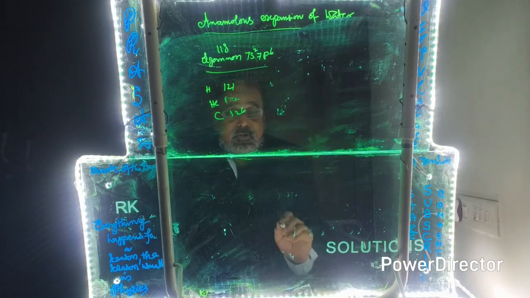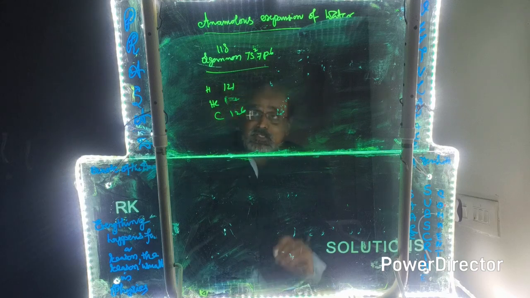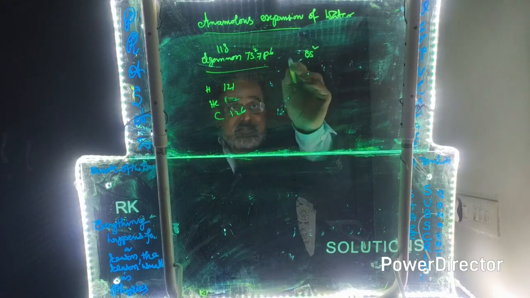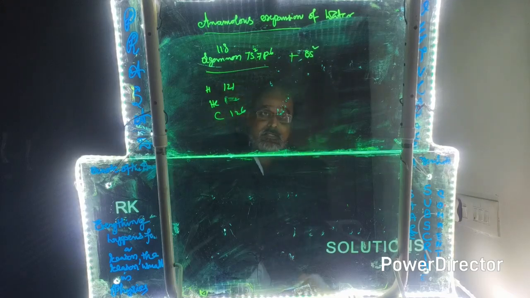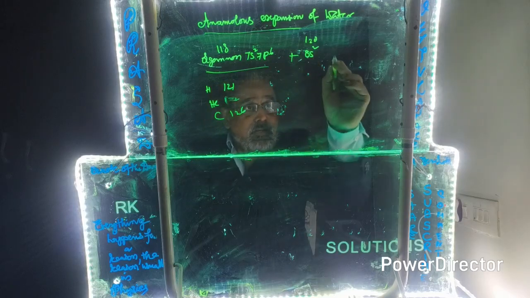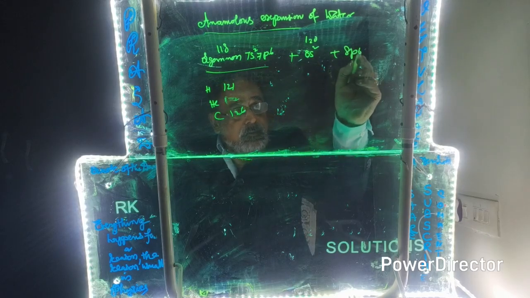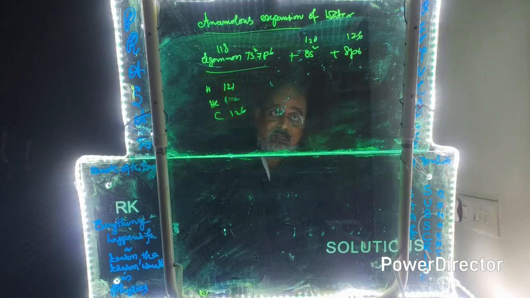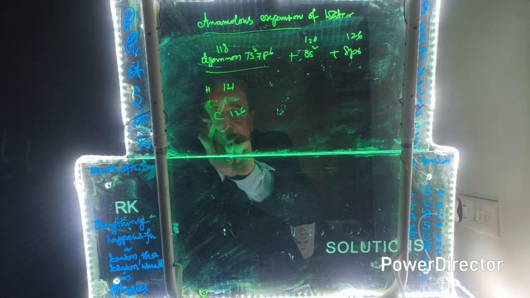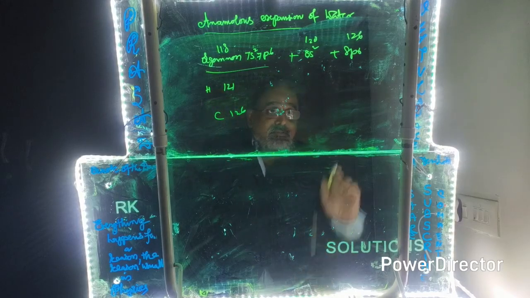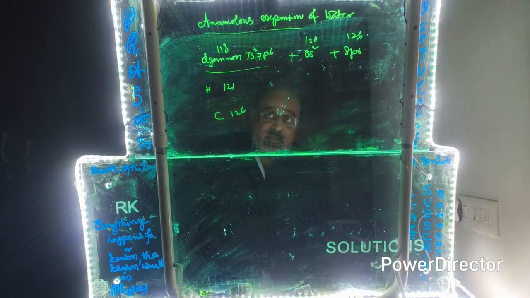Then how will the configuration change? 8s2, if you add this 8s2, that will become 120, plus 8p6, if you add this will become 126, isn't it? So, forget about helium now. This will become 126.